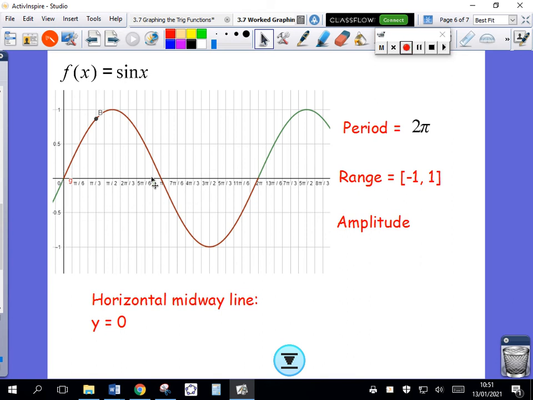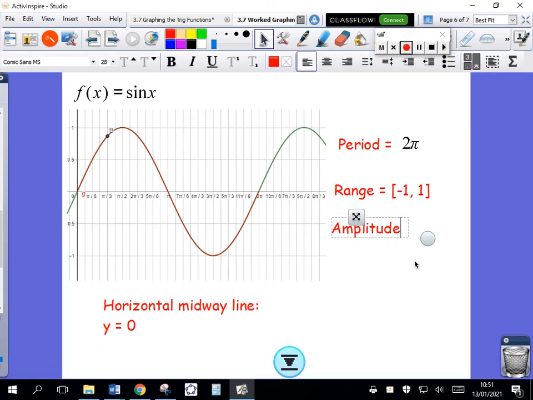The y-coordinate is always equal to 0 on the horizontal midway line. The amplitude, well, the amplitude tells me how high the function is above the midway line. And that's just 1 unit above the midway line. Notice the amplitude is just half the distance between the lowest and the highest value in the range. So the amplitude of that function is equal to 1.